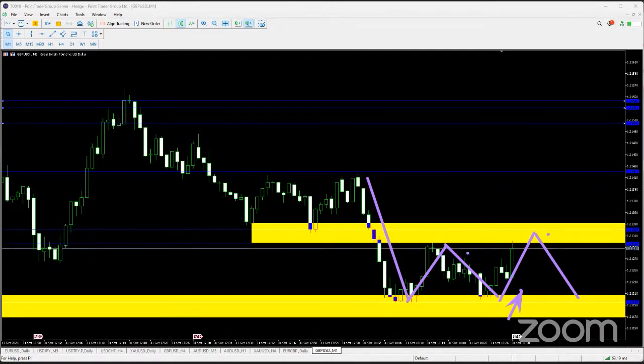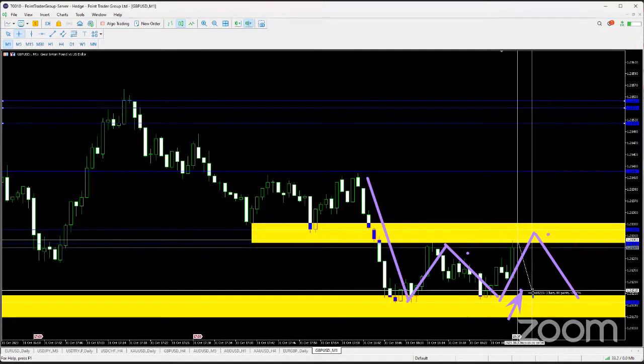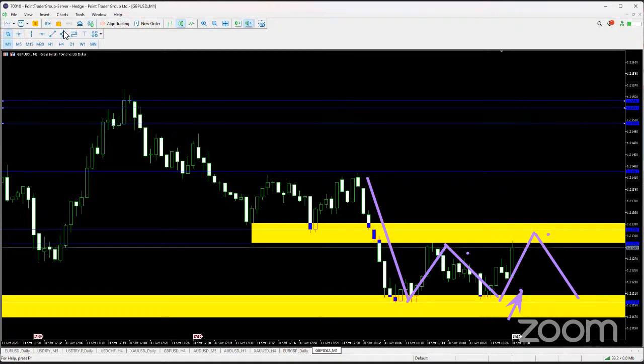Reaching our resistance. I believe I could go short now. Short now was like 10 pips. So here, I'm going to mark this point as sell from this area.